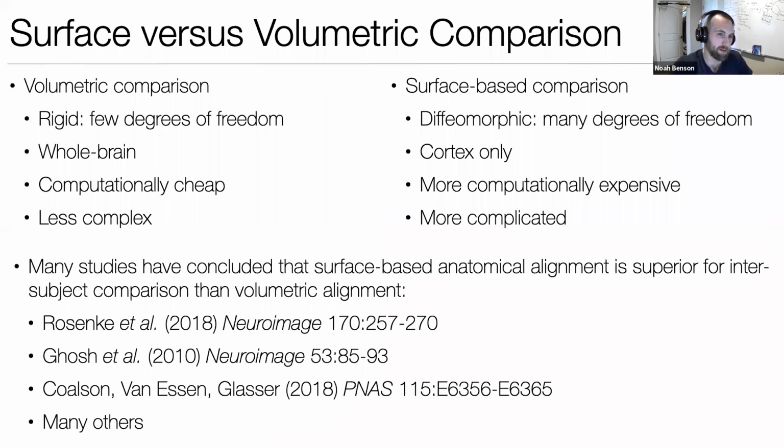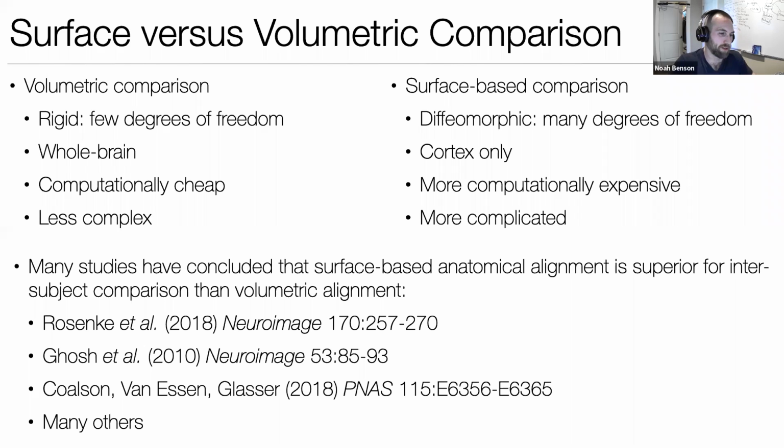At the bottom of this slide are just a few example papers that have concluded that surface-based anatomical alignment is superior for inter-subject comparison than volumetric alignment in most cases. In particular, I want to point out this first paper, Rosenke et al. 2018, which not only compared volumetric and surface-based alignment, but also compared a form of diffeomorphic volume alignment that I haven't talked about in this talk, and found that even it was not as good as surface-based alignment.